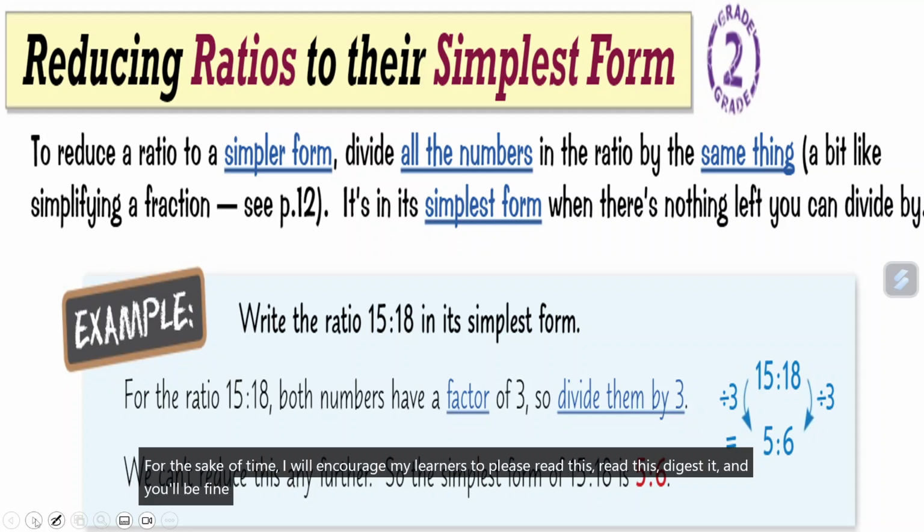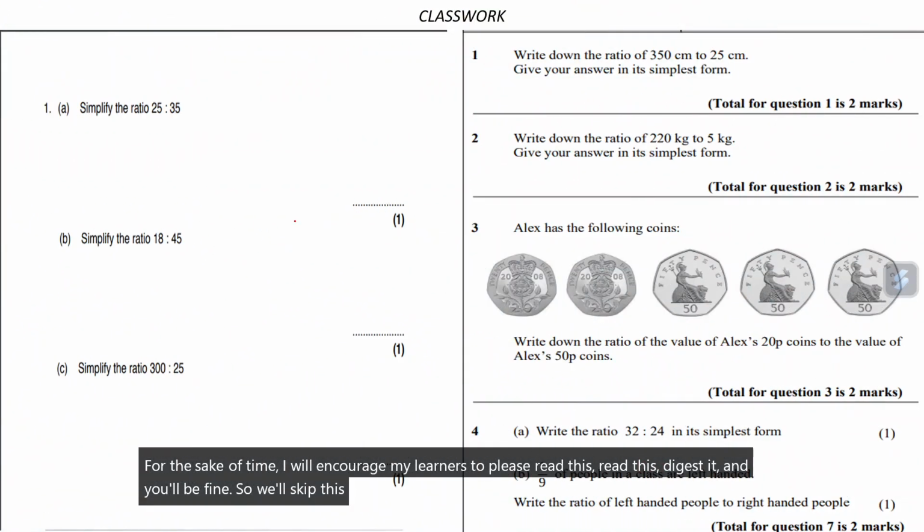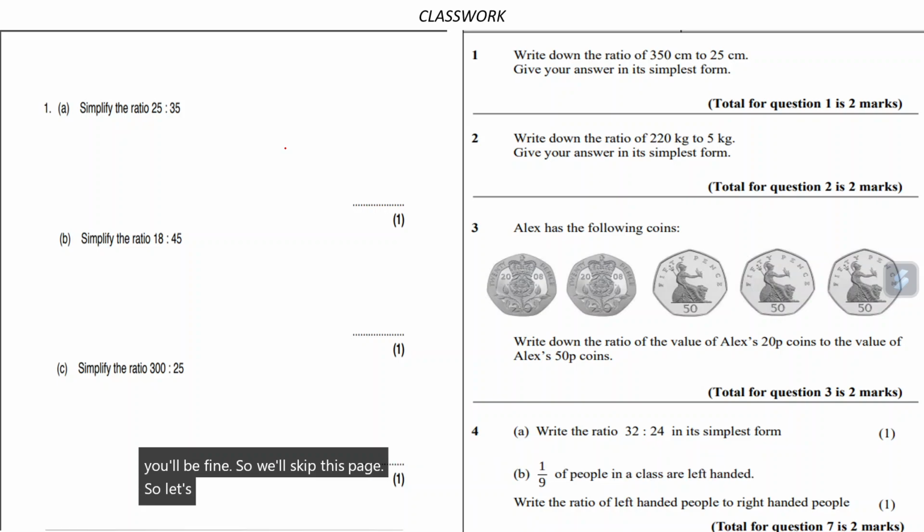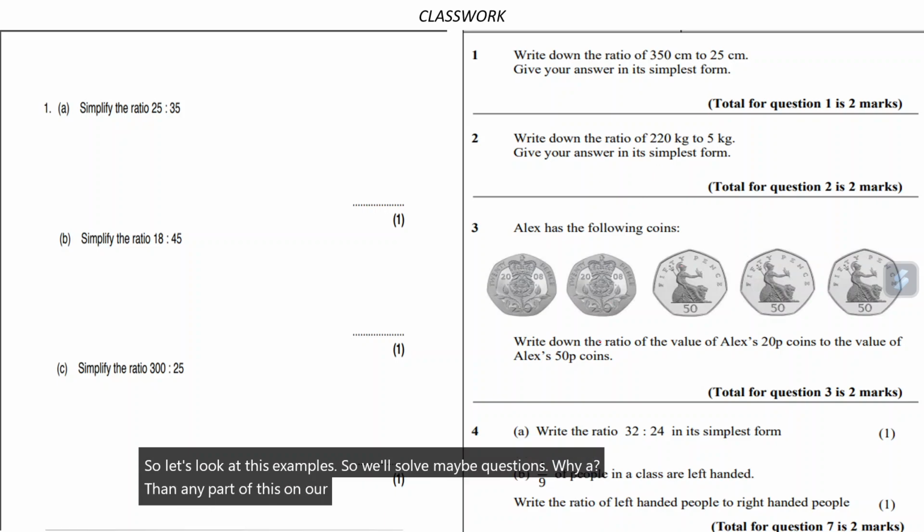So we'll skip this page and look at these examples. We'll solve question 1A, and I will encourage my learners to have a go at the rest. 1A says simplify the ratio.